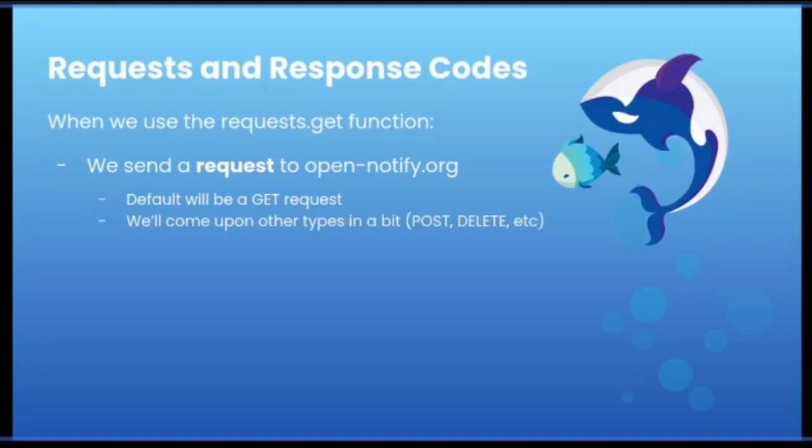We'll get into types of requests later, like post and delete. These requests can have things called headers and also things called bodies. A header is just meta information. For example, common headers are stuff like authorization, if you're using an API that you have to have special access to.